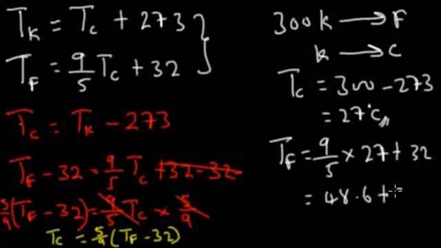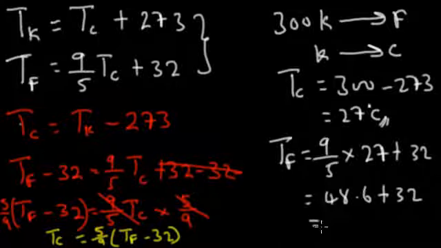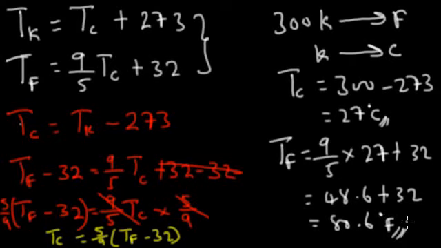If I add 32 to that, then that would simply be equal to 80.6 degrees Fahrenheit. And that gives us the solution to the problem, converting 300 Kelvin to degrees Fahrenheit.